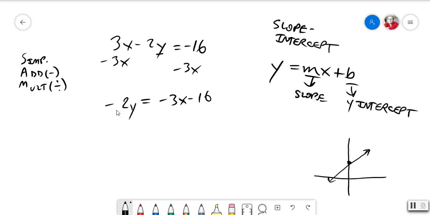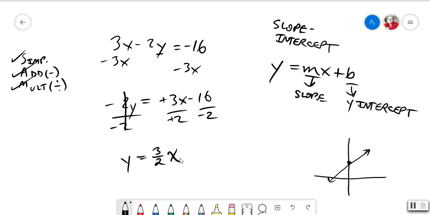I have to get rid of the 2. So there was no simplification. We did the addition, now we're to the multiplication. Divide everything by negative 2. Y cancels out here, negatives cancel, so I get 3/2 x, or you could write that 3x over 2.